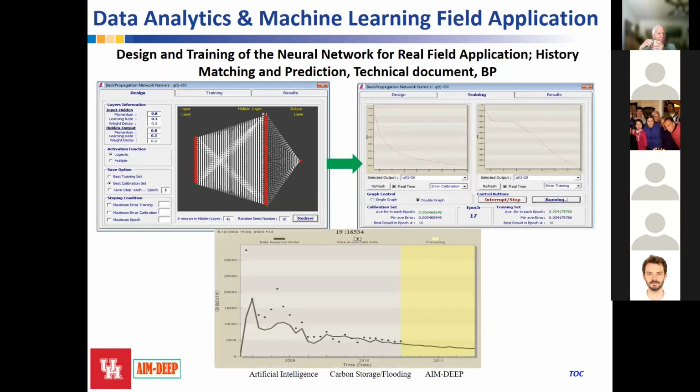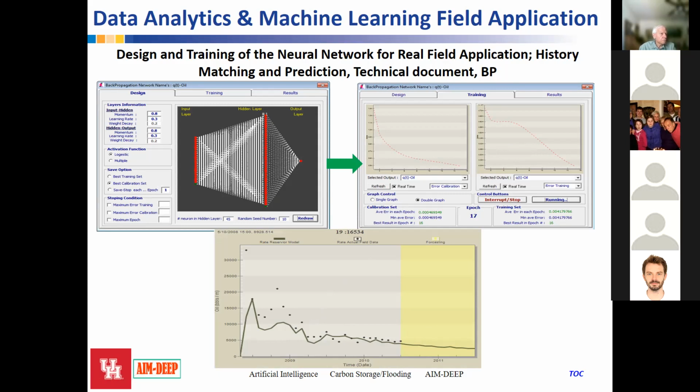Well, this is a type of work that we did on some other topics at BP. The documents are confidential, but I'm going to show you just something brief to give you some ideas. Okay, this is how we use some internal software to build neural networks and train them, and then use them for history match and then prediction for well scale and also field scales.